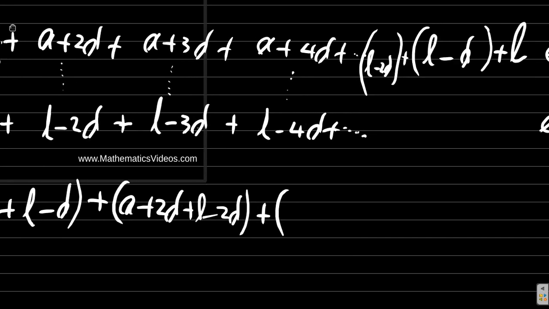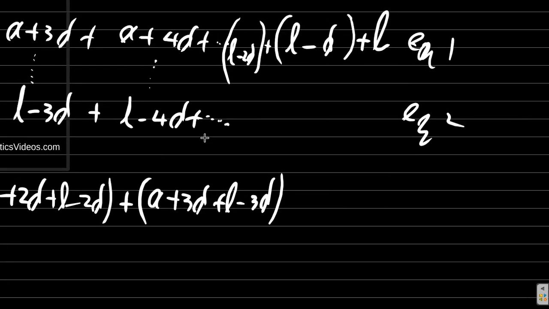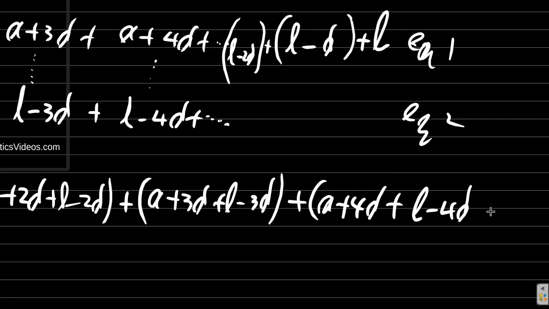Then this one is going to be A plus 3D plus L minus 3D. You see? A plus 3D plus L minus 3D, right? Then we add this one now, A plus 4D plus L minus 4D. So that will be A plus 4D plus L minus 4D plus, and so on, right?